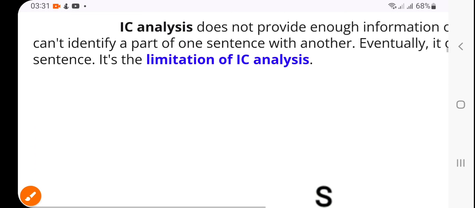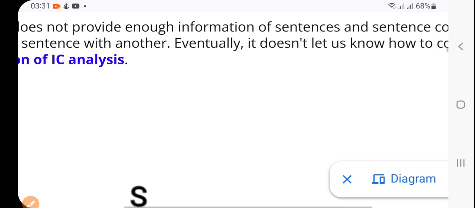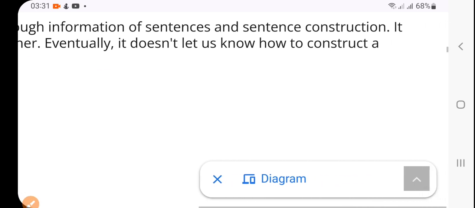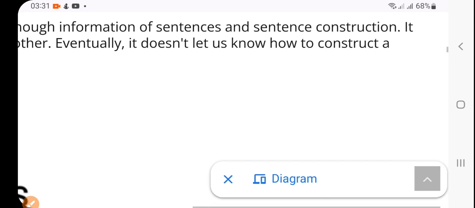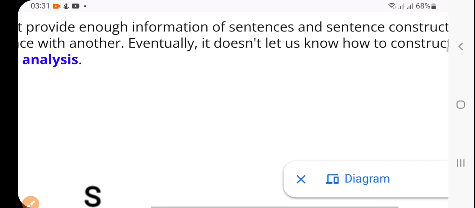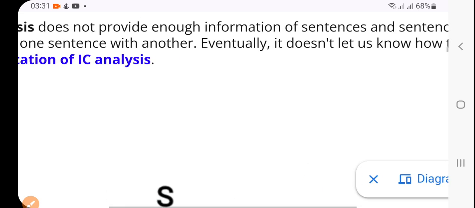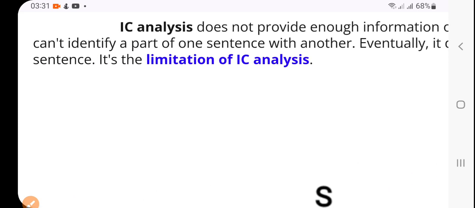IC analysis does not provide enough information of sentences and sentence construction. So IC analysis does not provide enough information actually, and it cannot identify a part of one sentence with another.